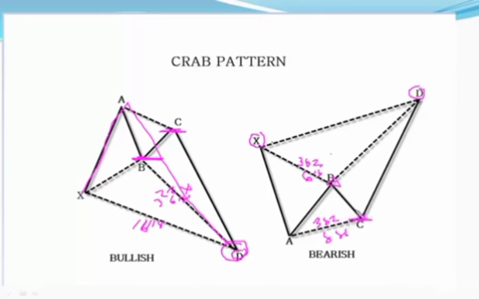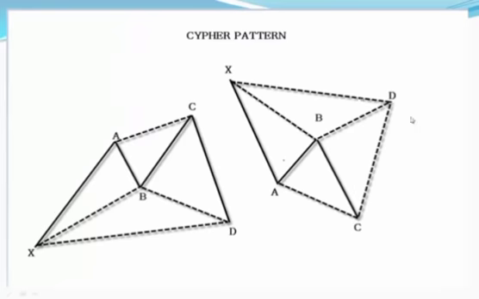From B to C up, it's a 224 to 3618 extension, and then from X to A up, it's a 1618 extension up. And that's giving you your D point in this whole harmonic or market geometry, your X, A, B, C, D in this particular pattern, the crab pattern. Now there's another pattern called the cipher pattern. All right.